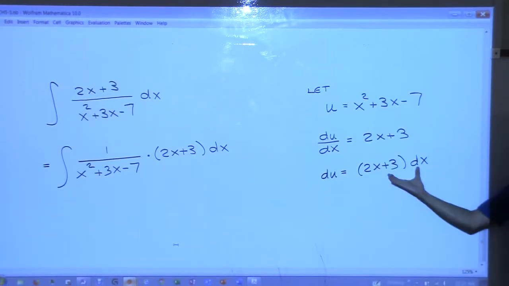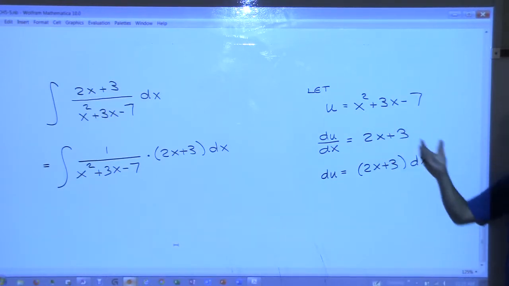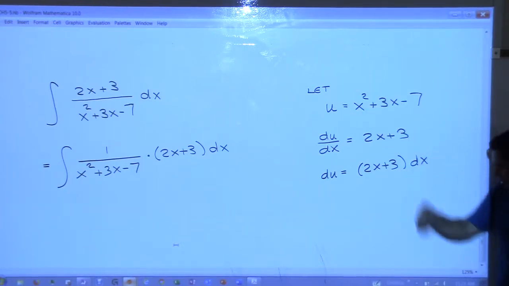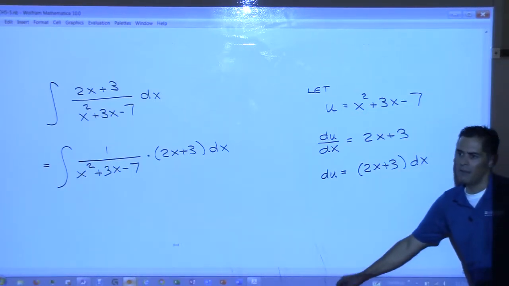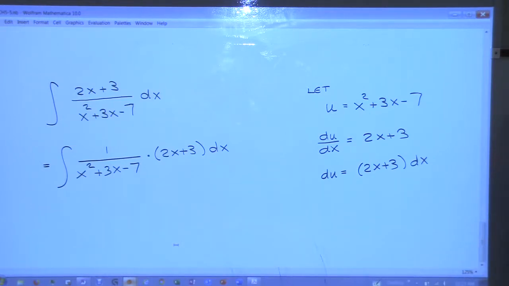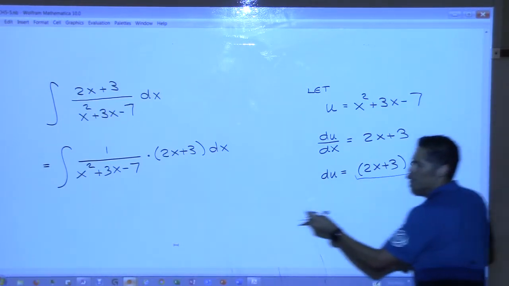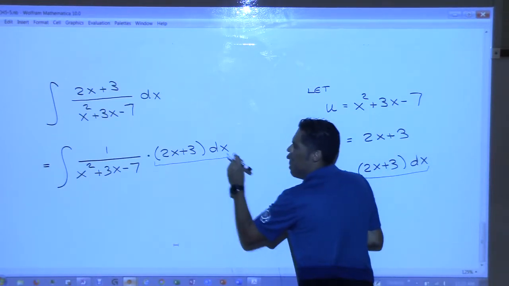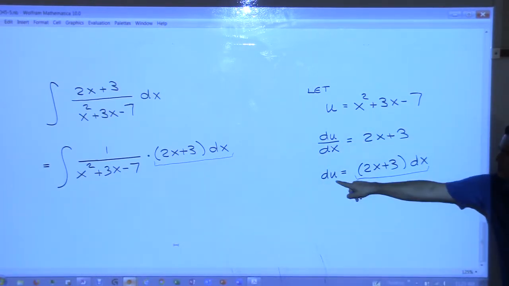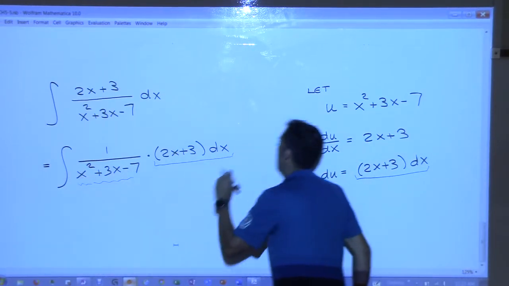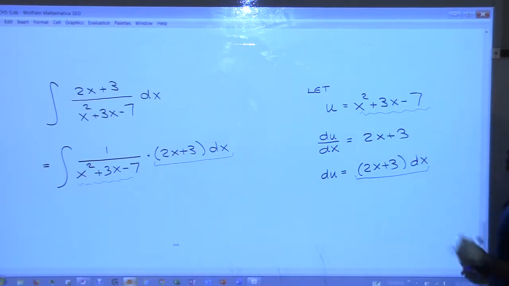And so I need to look for this over there, and also look for this and replace it with u. Everything matches up beautifully, doesn't it? So all of that is going to be replaced with du. And this piece down here will be replaced with u.